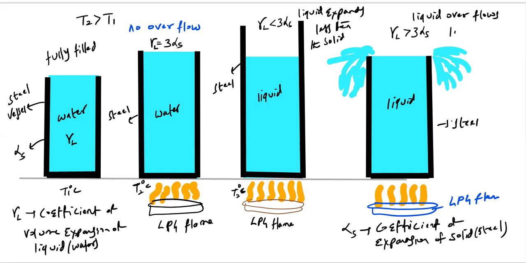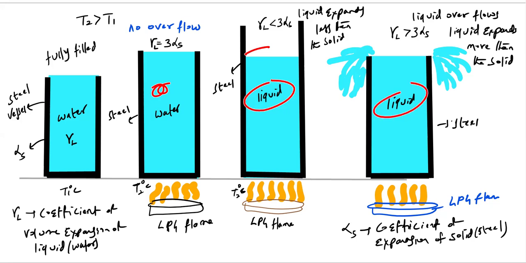Here the liquid overflows, or both liquid as well as solid will expand equally. Here the solid expands more than the liquid. Here the liquid expands more than the solid. So if initially a liquid is fully filled up in a solid, if you raise the temperature, again if the liquid fully fills up the solid at higher temperature, it means gamma L equals 3 alpha S.